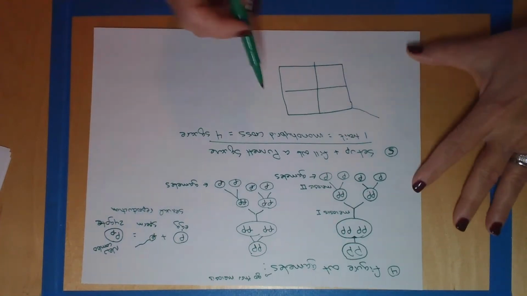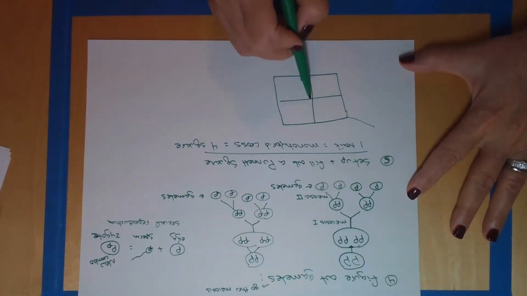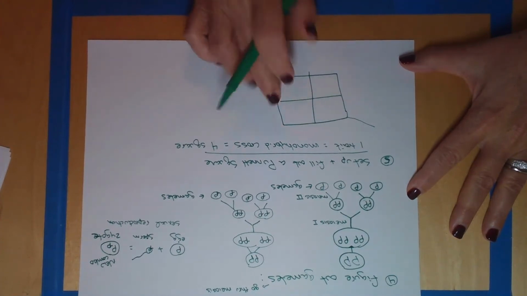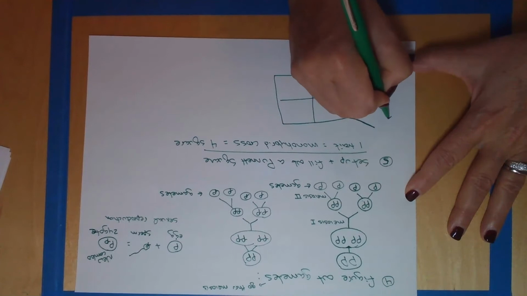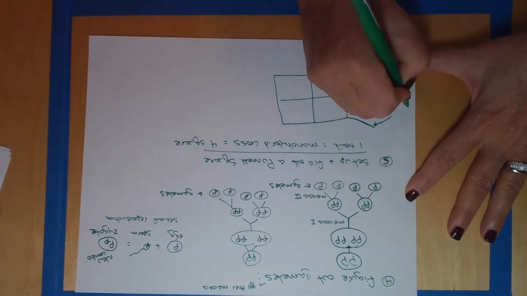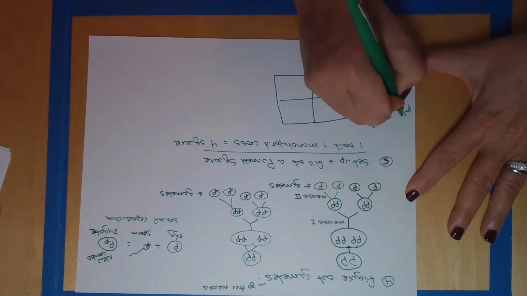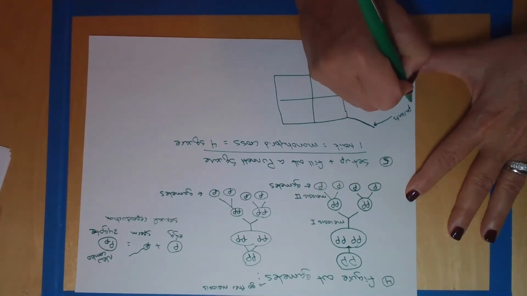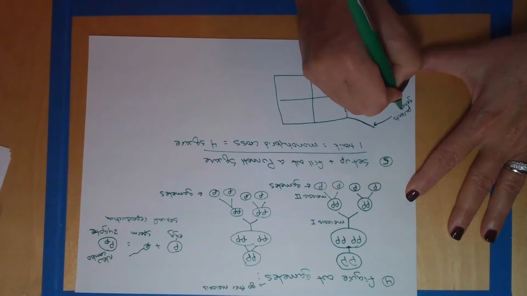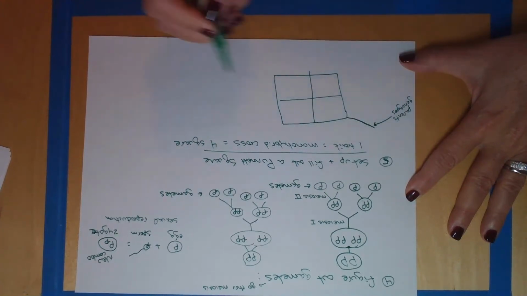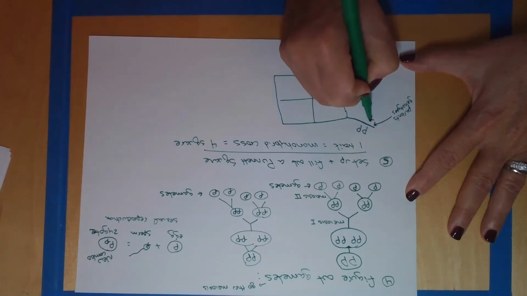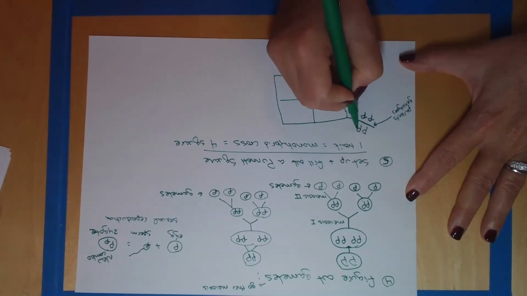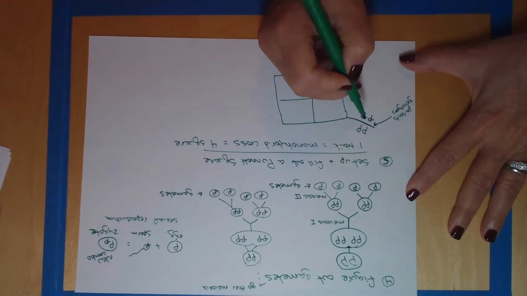Okay. Now, you're going to draw a square divided into 4, and then we're going to have this diagonal line going off the side. This diagonal line is where you write down the parents' genotypes. There's no rule what parent goes on top, what parent goes on the bottom.